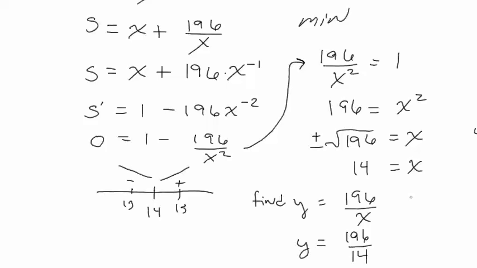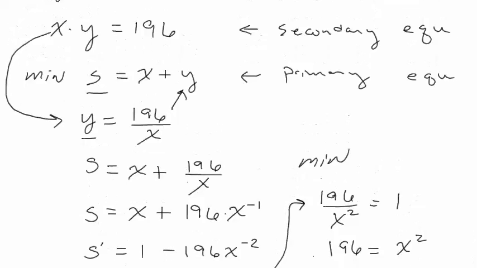Since 196 is 14 squared, it turns out that y is equal to 14. So our two numbers are x equal to 14 and y equal to 14.